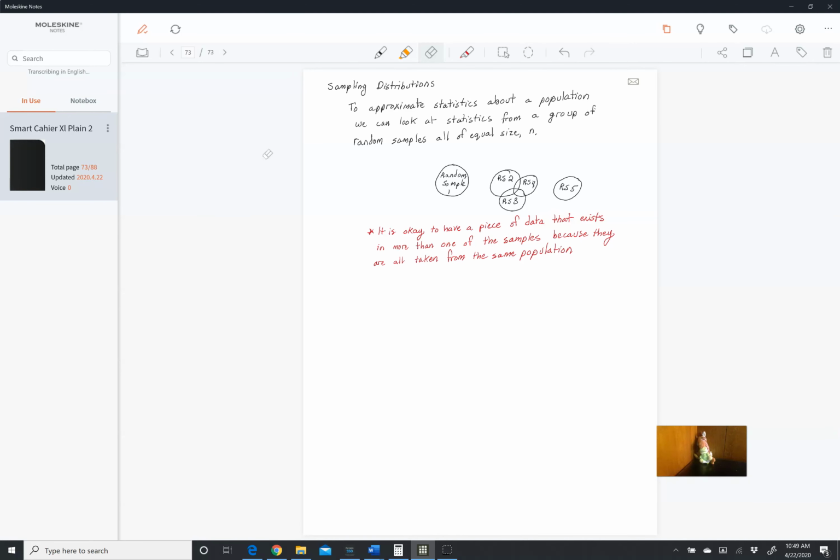Okay, so what does this mean? Well, what we're going to concentrate on is taking the mean from all of these different samples. So we're looking at the mean and the standard deviation. And we're going to use that to approximate the mean and the standard deviation of the population. And actually, in most cases, we're going to go backwards.